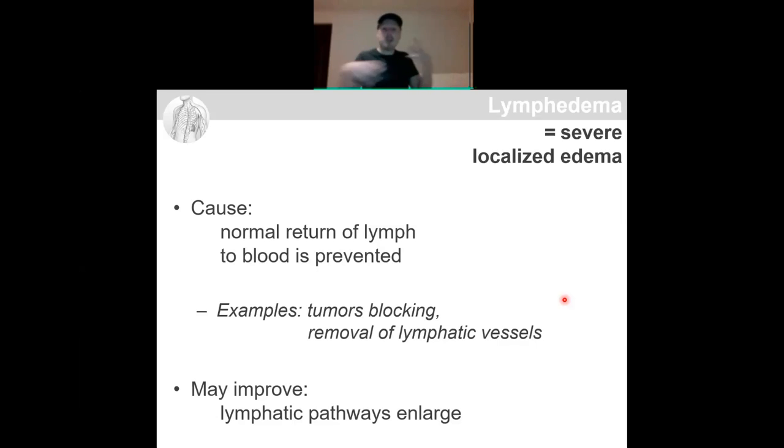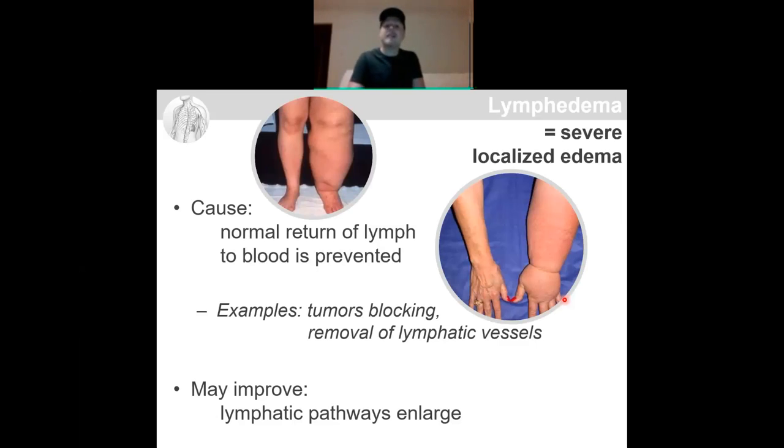Usually, there are alternative ways for the lymphatic vessels to drain that area, so it kind of fixes itself. But if there was an issue like that, this is what it would look like.